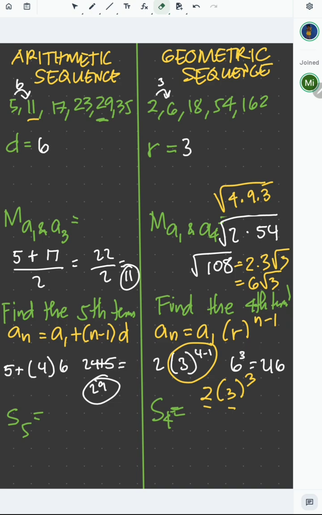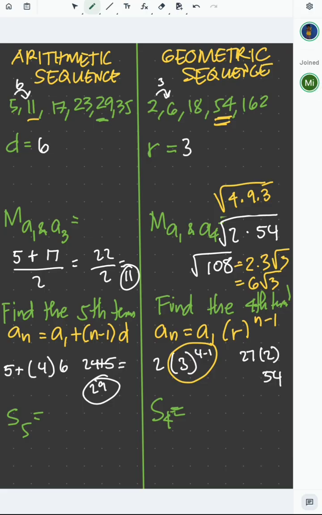So you cannot do this, don't do the 6 cubed. So 3 cubed, what is 3 cubed? Yeah, 54, that's right. So the fourth term is 54. It's already here, so you've already proven it. So that means you know how to do it.